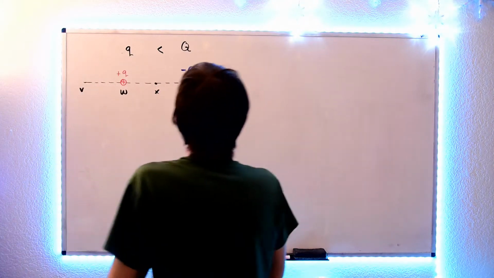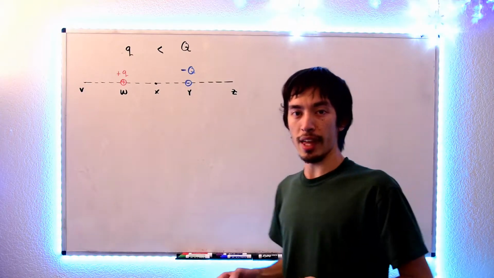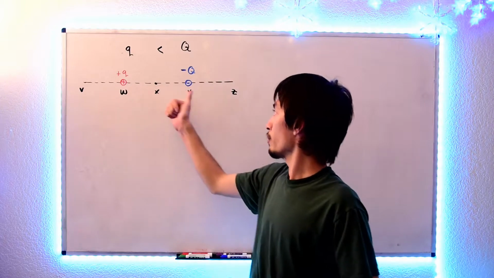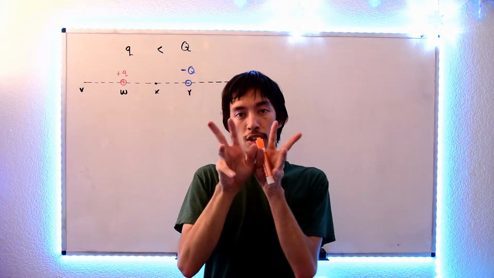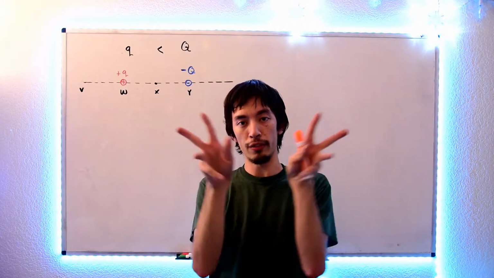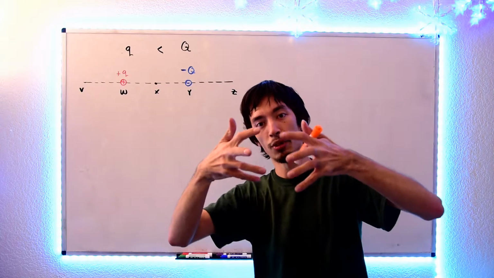Okay, so a good concept that we want to remember here is that for the kinds of charges that we have, positive and negative, the electric fields are going to point in opposite directions. So for the positive charges, the electric fields point out, and for the negative charges, the electric fields point inward to it.